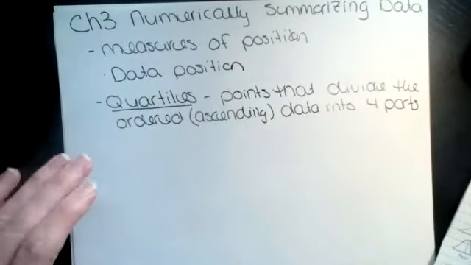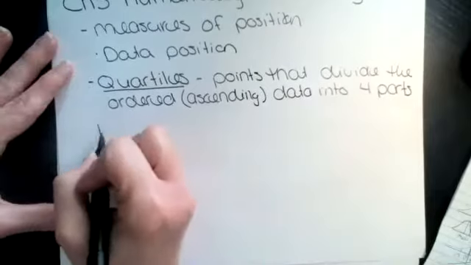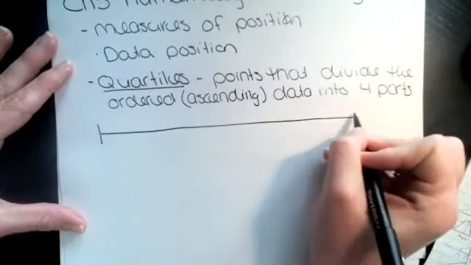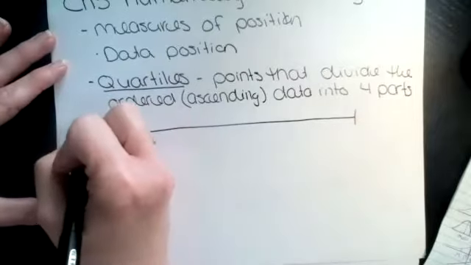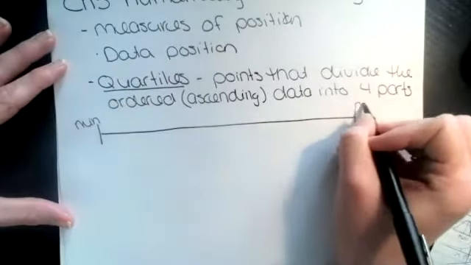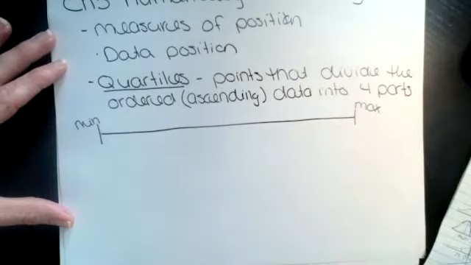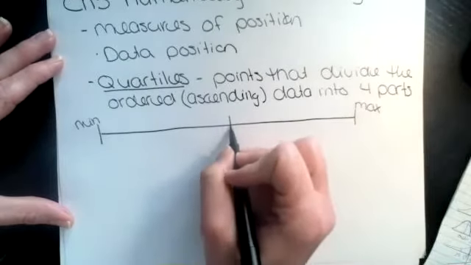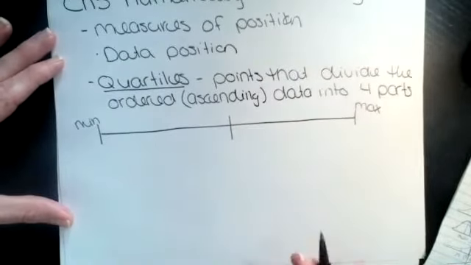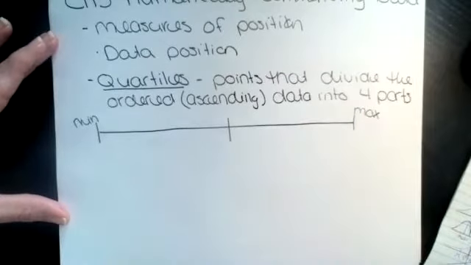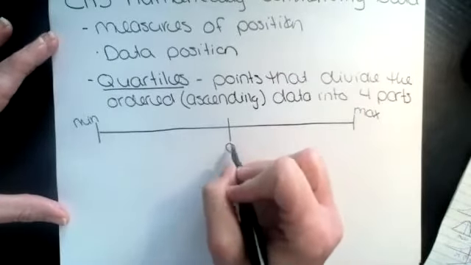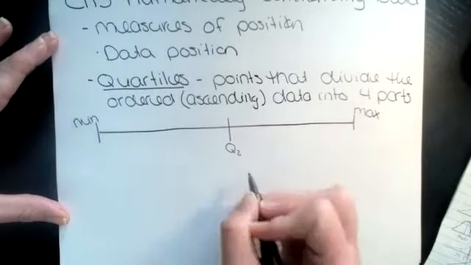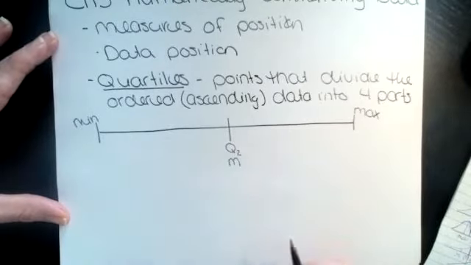That's the name, quartiles. If we have our data values all lined up, with the minimum value on the left and the max value all the way on the right, then right in the middle would be quartile 2, which is the median.